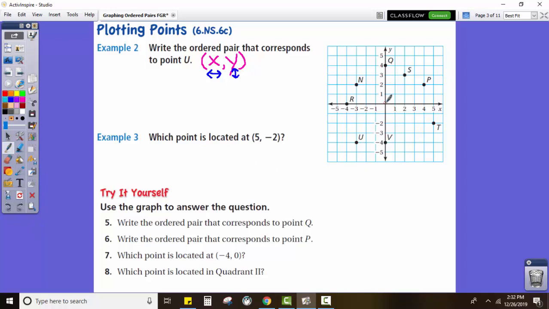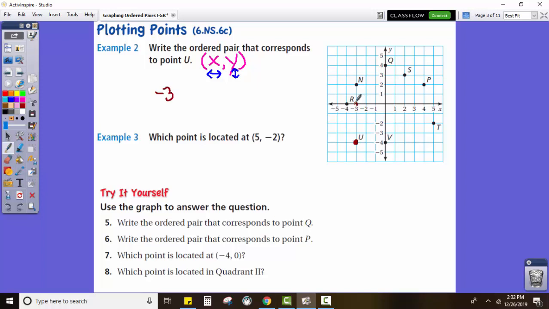Okay, remember at the middle is 0, 0, and you always start at 0 when you're listing the ordered pair. So if I look at point U, I see that it's right here. So I'm going to start at 0, 0, and I go over first for the X value. So I see I can go over to -3. And there's point U over at -3.